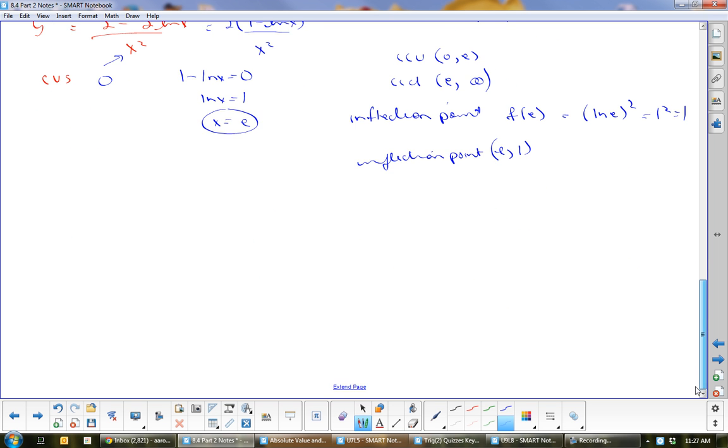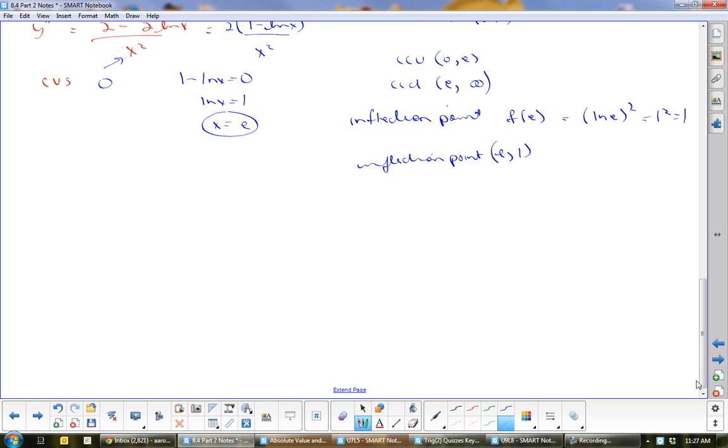Now, we didn't test on both sides of our asymptote to see if it's going to positive or negative infinity, but I'll tell you, it goes to positive infinity as x approaches 0 from the right. Okay, so I'll just give you that information.